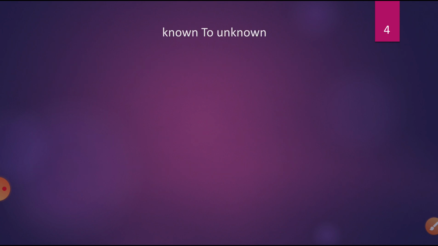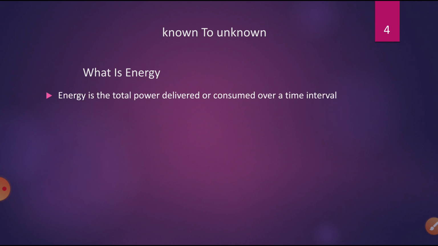Now, known to unknown. What do you mean by energy? First of all, energy is the total power delivered or consumed over a time interval. In previous classes, we have seen that secondary instruments are classified into three types: indicating instruments, recording instruments, and integrating instruments.